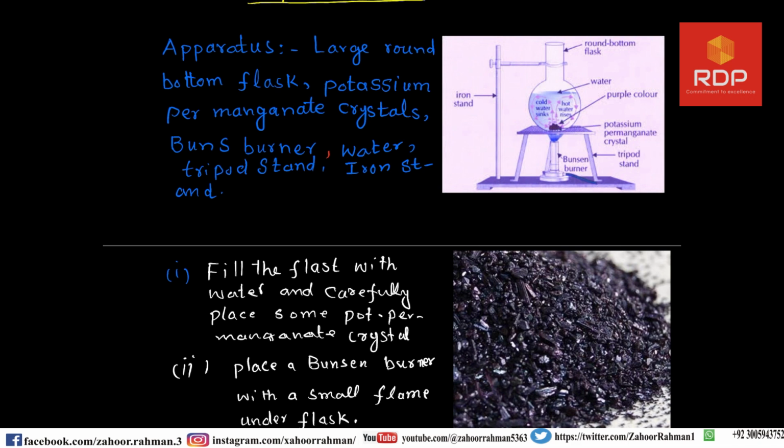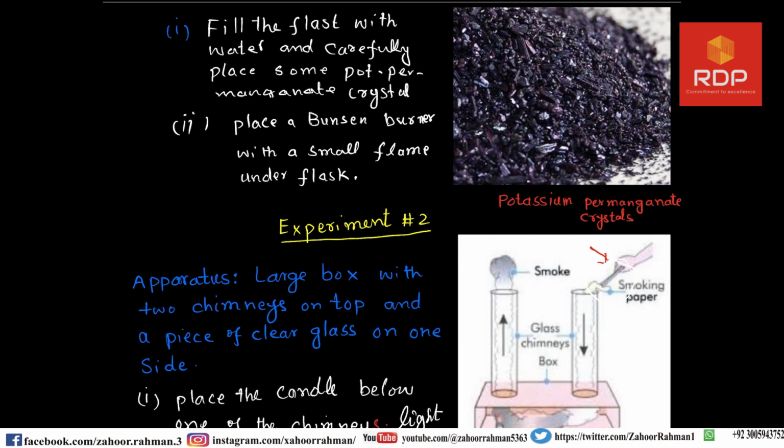In the second experiment, the smoke will be observed to flow down from one chimney and up the other chimney. So it will start moving from here like this, and then this smoke will go to the other.